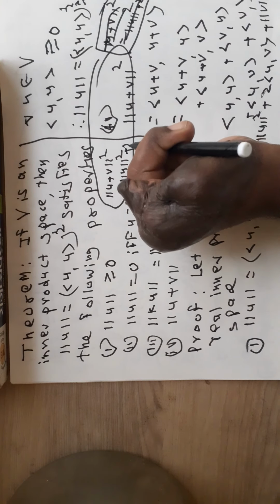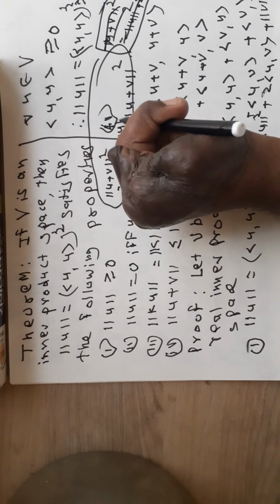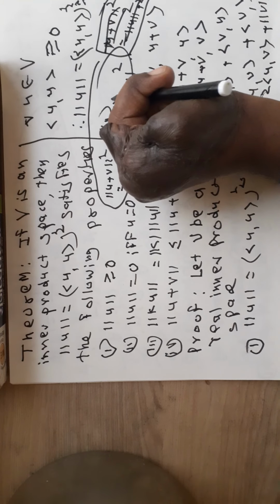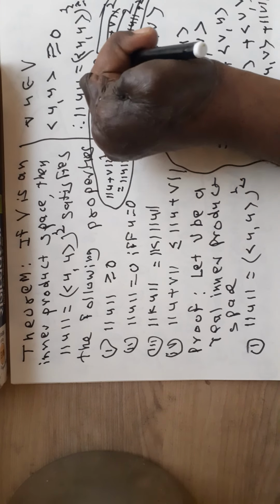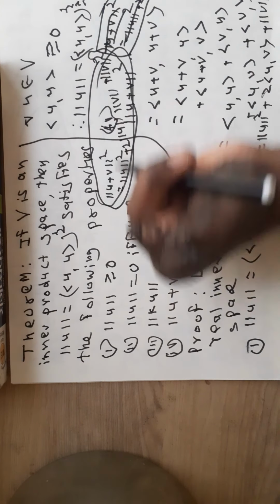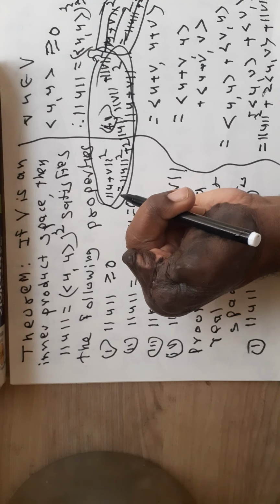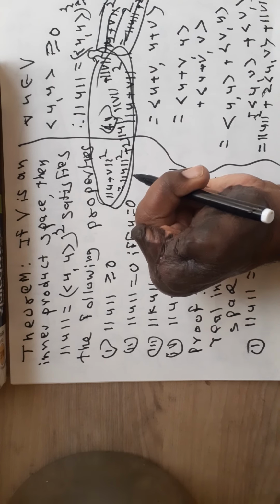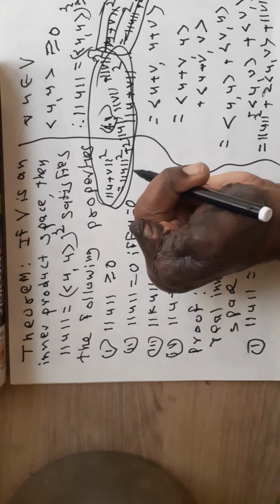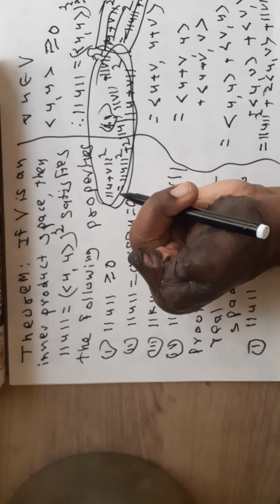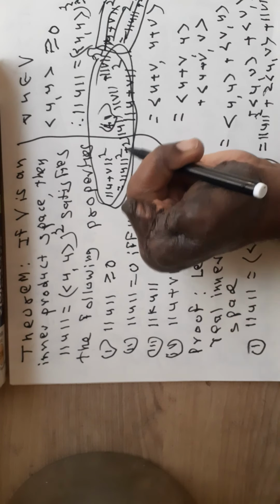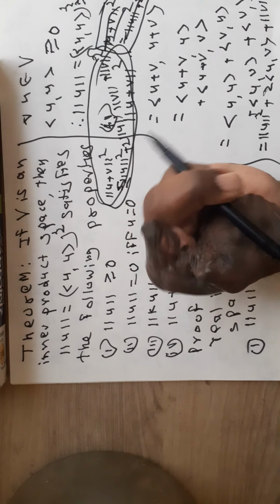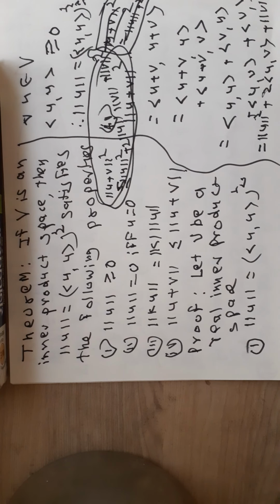So norm of u plus v squared is less than or equal to norm of u squared plus 2 norm of u into norm of v plus norm of v squared, which is norm of u plus norm of v the whole squared. Taking the square root, norm of u plus v is less than or equal to norm of u plus norm of v, and therefore the theorem is proved.